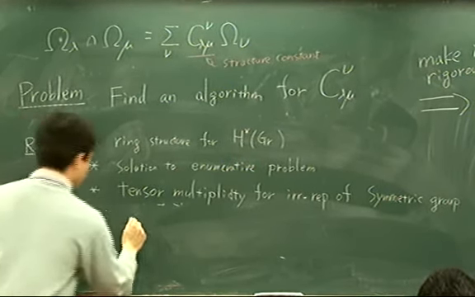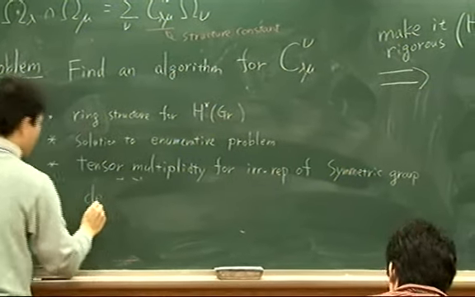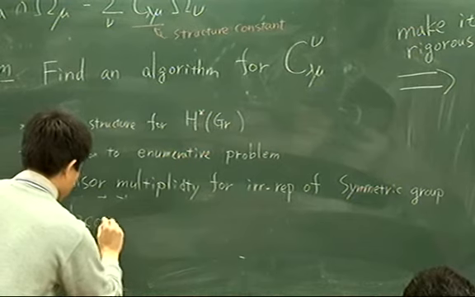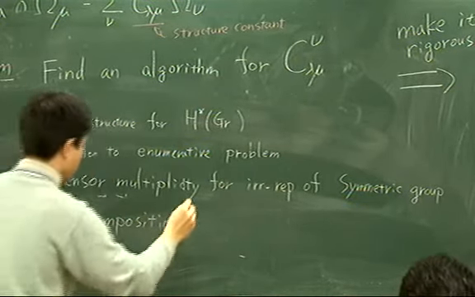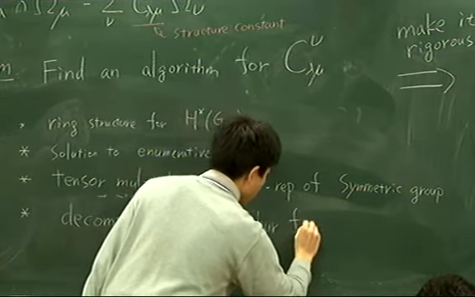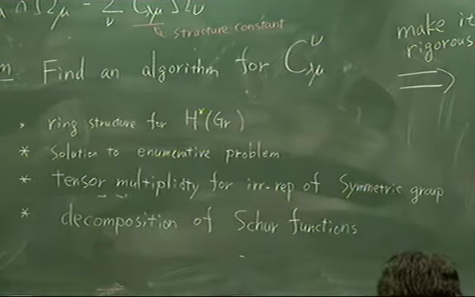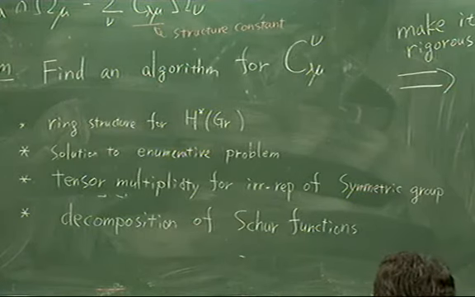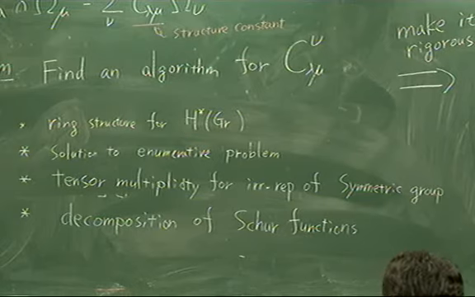And the fourth one is from combinatorics. Schur functions are a series of symmetric functions, and they form a basis for the ring of symmetric functions.